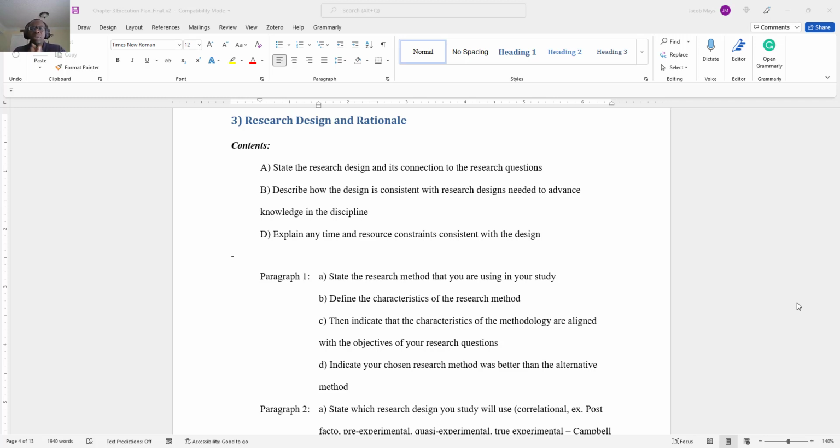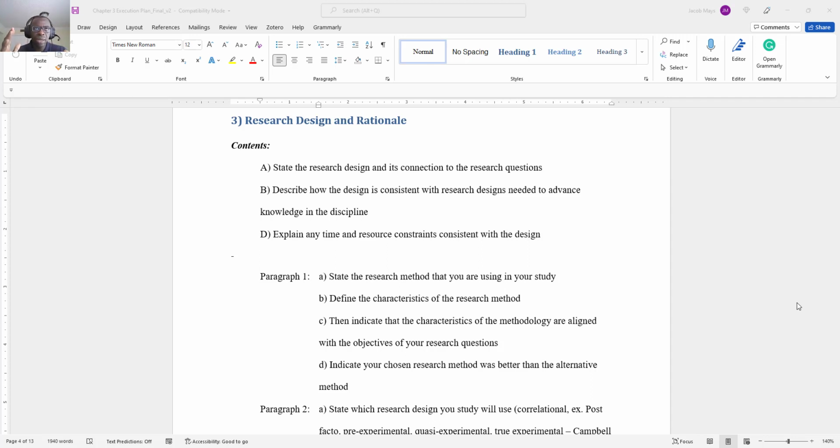And that's going to be easy, because all you're going to say is, well, this was appropriate because the opposite or the alternative method has these characteristics, and those characteristics do not meet the needs or do not align with my study. So you talk about the characteristics of the method you're using, and then to justify not using the other design, you talk about the characteristics of that design.